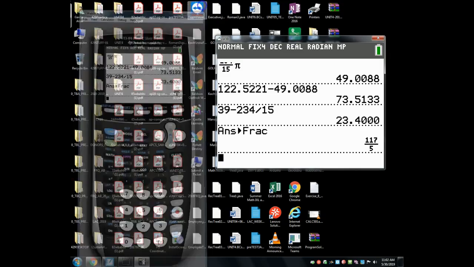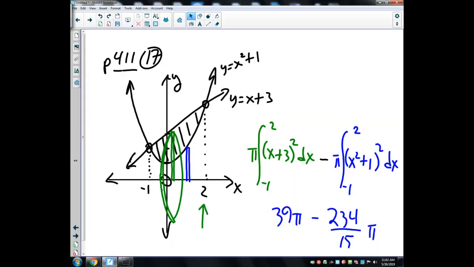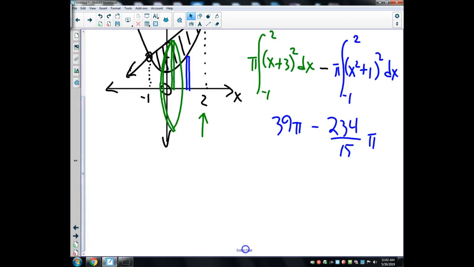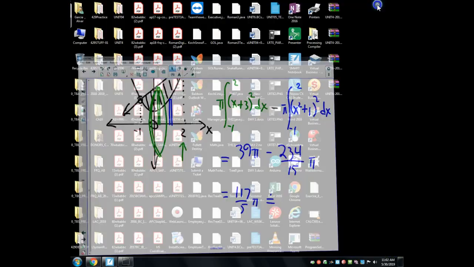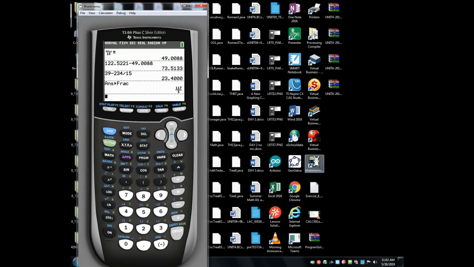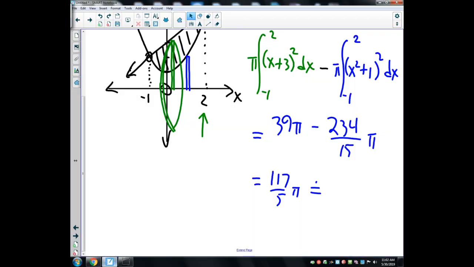All right, so our final answer was 117/5 of pi, which is about, what the heck was it? Whoops, I lost it. What was the difference? 73.513. 73.51 cubic units, whatever they are.